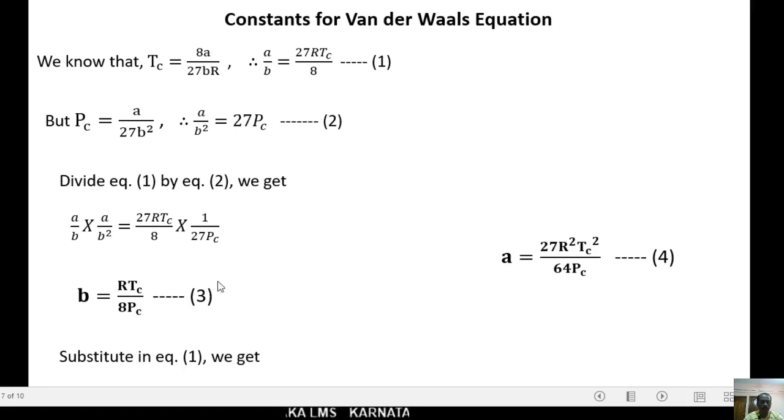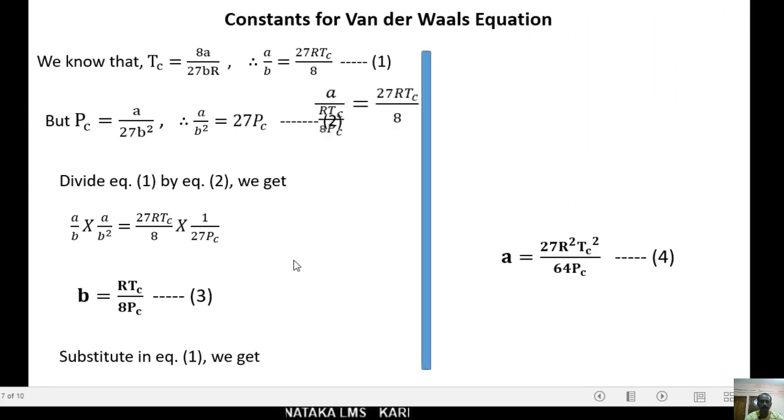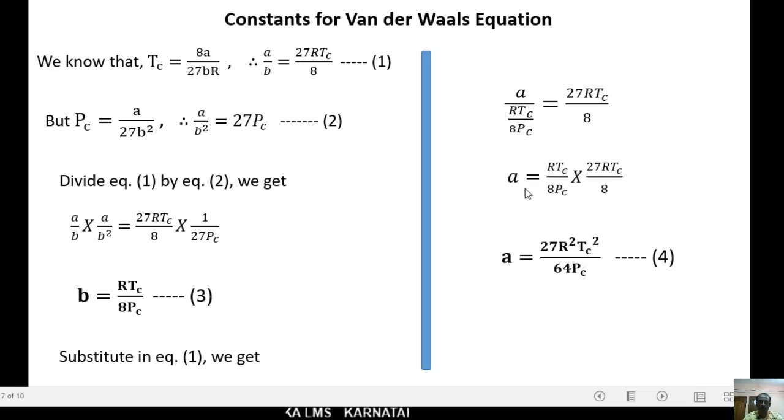Substitute this in equation 1. Just you substitute the value of b in equation 1, we get a divided by, for b value here, RTc by 8 Pc, which is equal to RHS, same, 27 RTc by 8. Therefore, to get a, constant a, you just cross multiply and simplify.